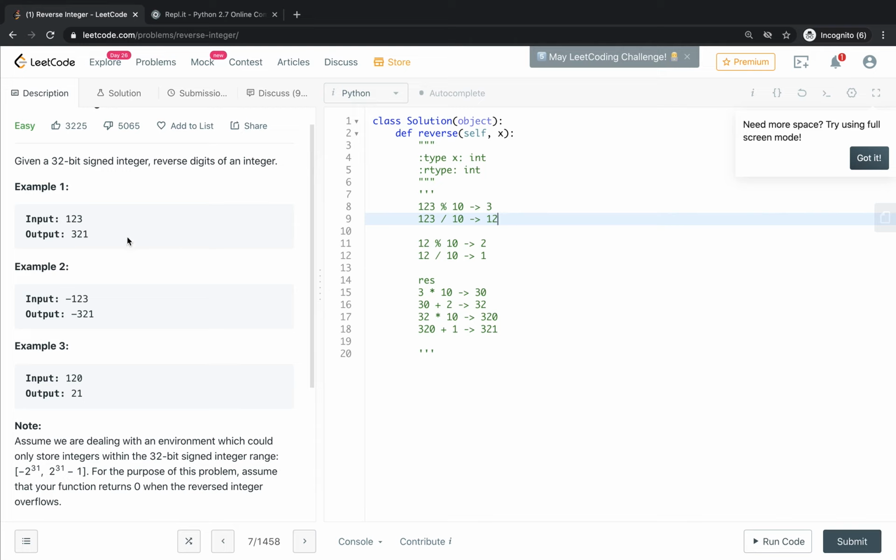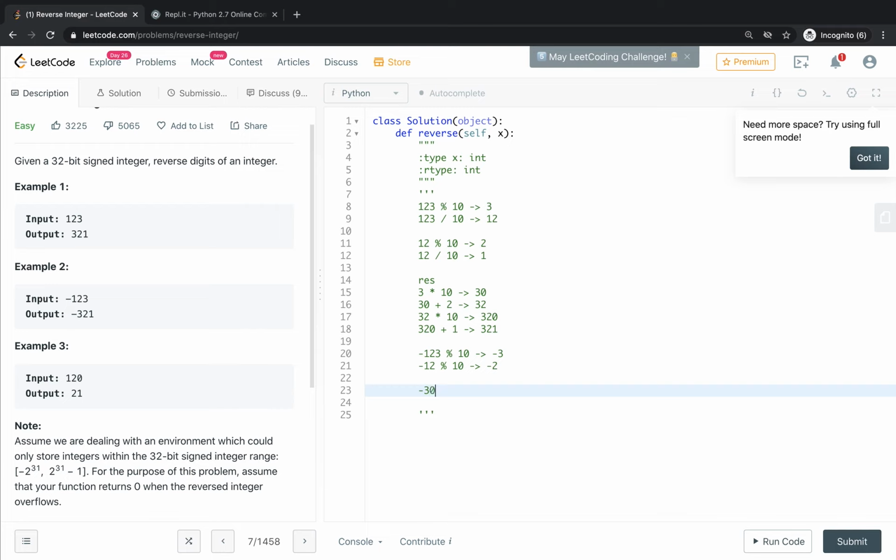Cool, so that's how that works for this number. And then for the negative, it's really the same way. Let's say it's negative 123. We mod by 10, we would get negative 3, and then move the negative 3 to your result, right? And then you divide by 10, you get negative 12, and mod 10, get negative 2.